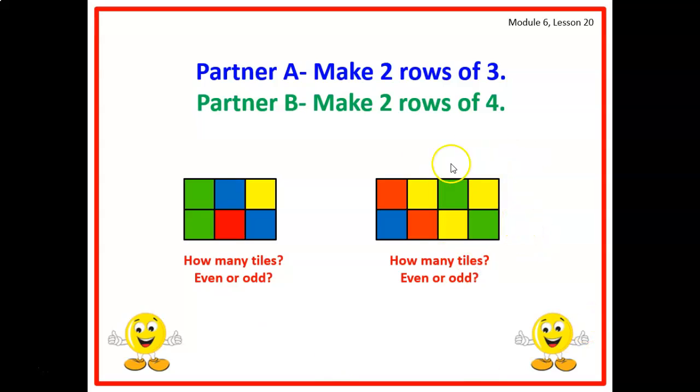How many tiles are on this array? Yes, 8 tiles. Watch. 1, 2, 3, 4, 5, 6, 7, 8. Is the number 8 even or odd? Yes, even.